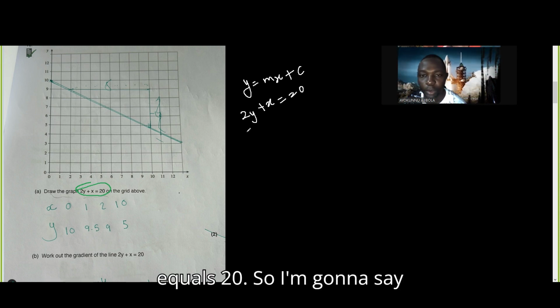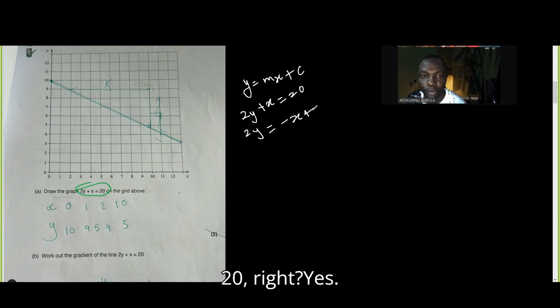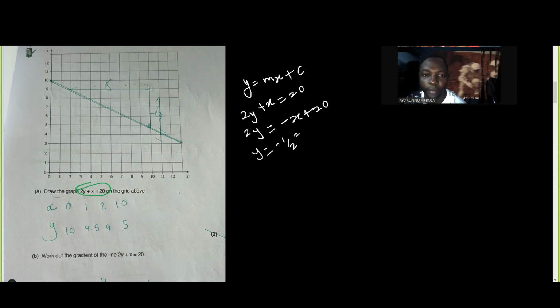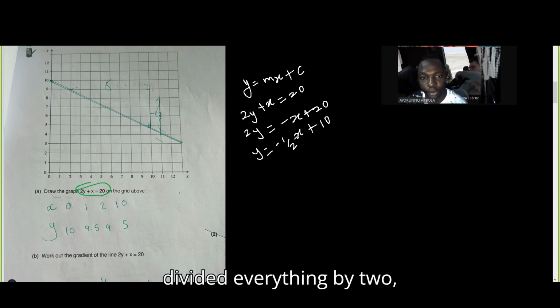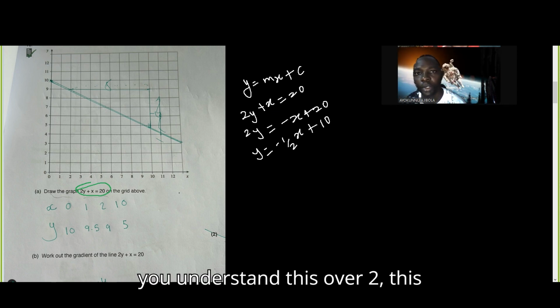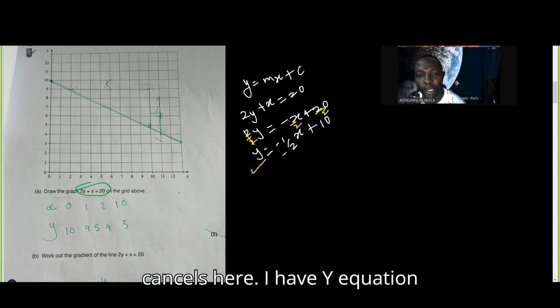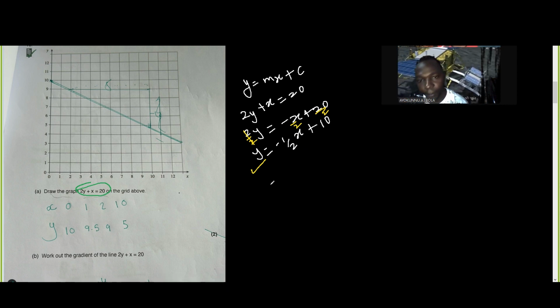So we're going to say 2y equals minus x plus 20, right? So y equals minus half x plus 10, because I divided everything by 2. This over 2, this over 2, this over 2. So 2 cancels here. We're basically solving the equation to solve for y.